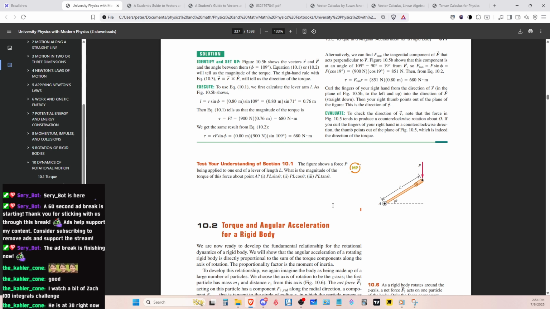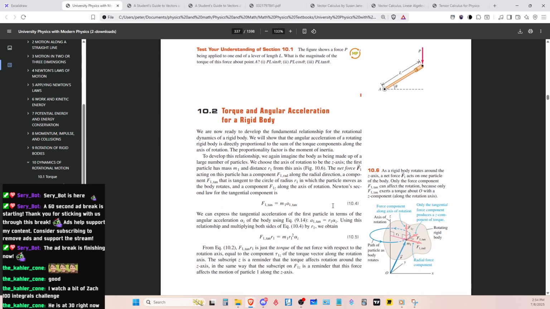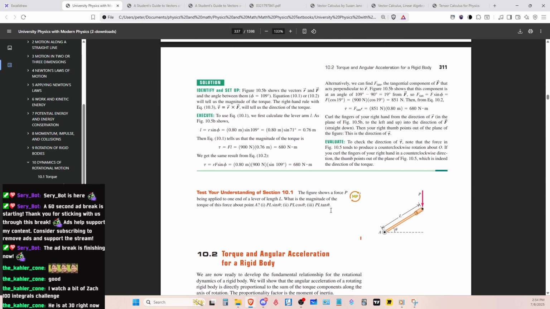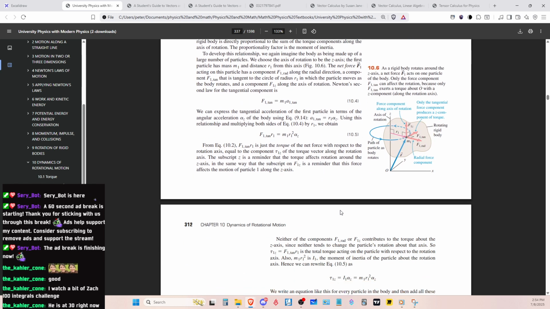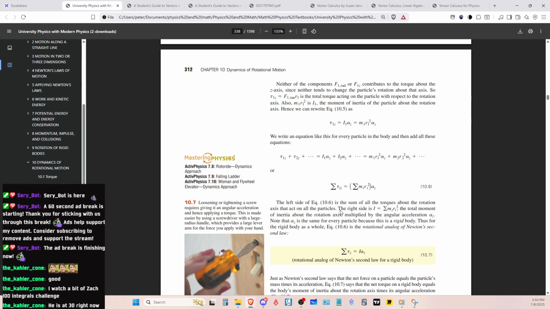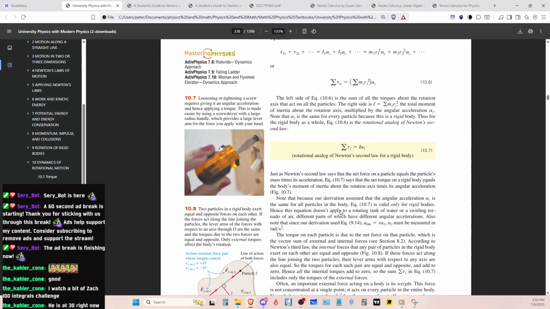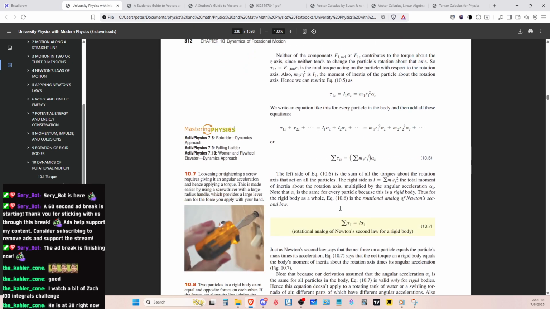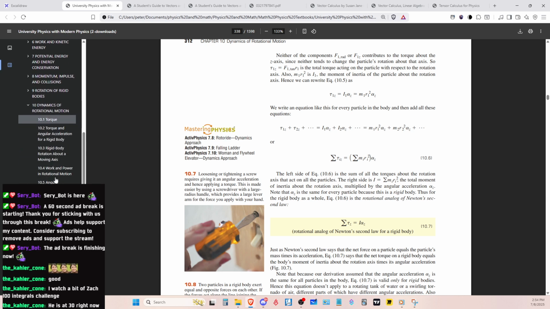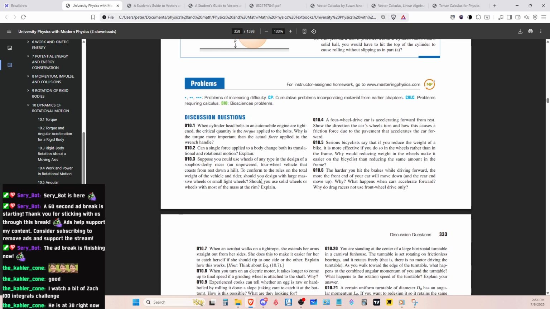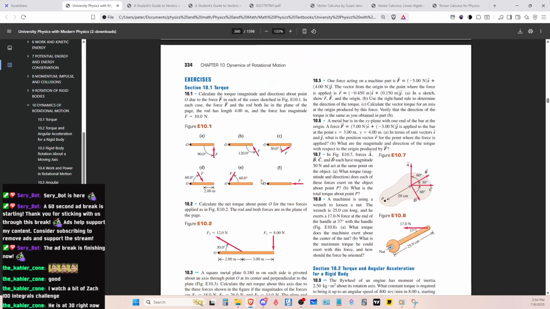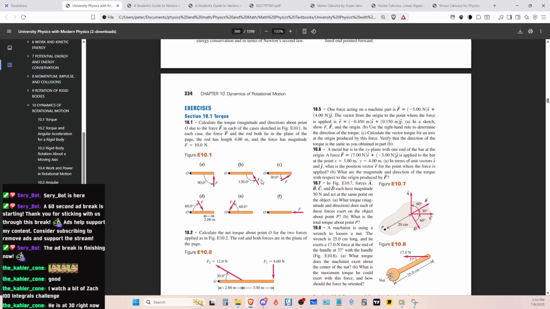And I think for me, if you give me an equation and tell me how to do it, I basically just do it, but then I forget to analyze the behavior of the problem, or the parameters of the construct that I'm working with. So let's see if we can do some problems. This is 10.1. So let's do some problems involving more torque, so hopefully we can solidify it in our head.